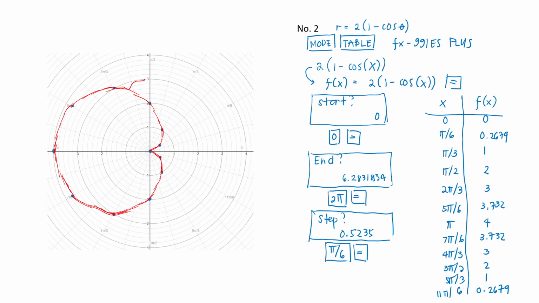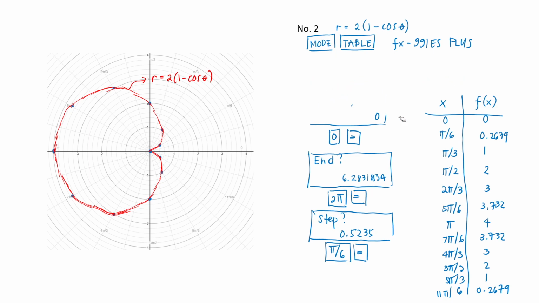So this graph again is your r equals 2 times 1 minus cosine theta. Alright, so if you're going to compare it with the Desmos graph, let me erase this one.